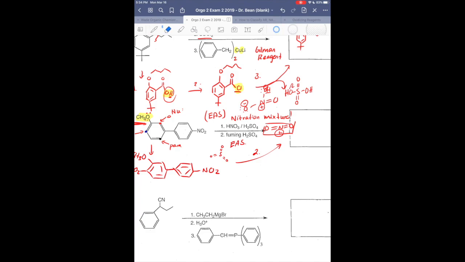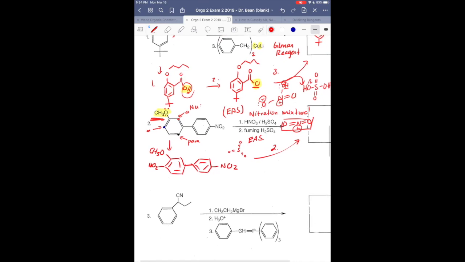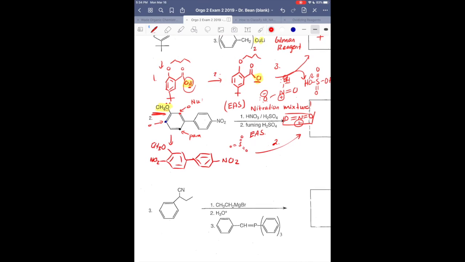And what we have going on here, basically the benzene ring is going to gain that group. It's going to give it a sulfonic acid functional group. And of course, we have these 2 benzene rings, so you have to make the decision of which one you think is going to react.